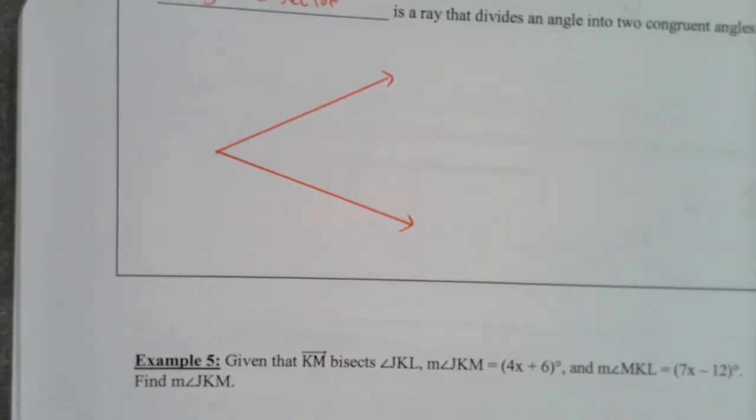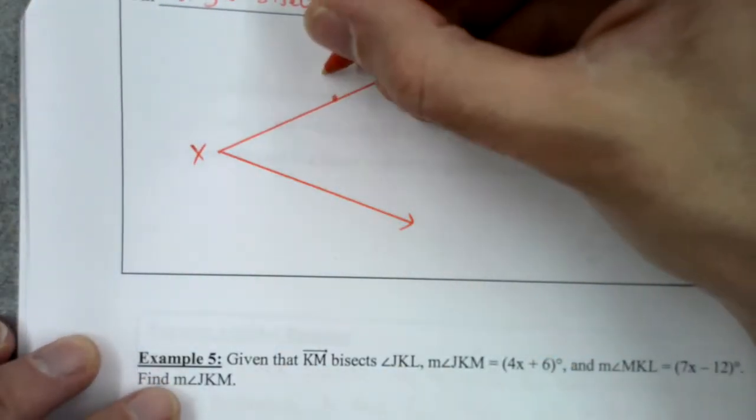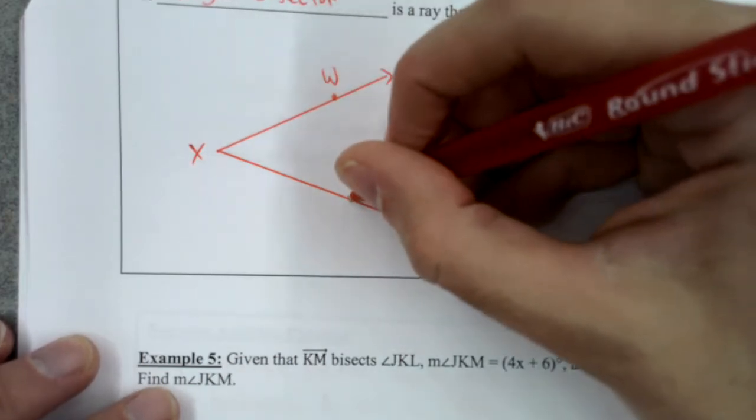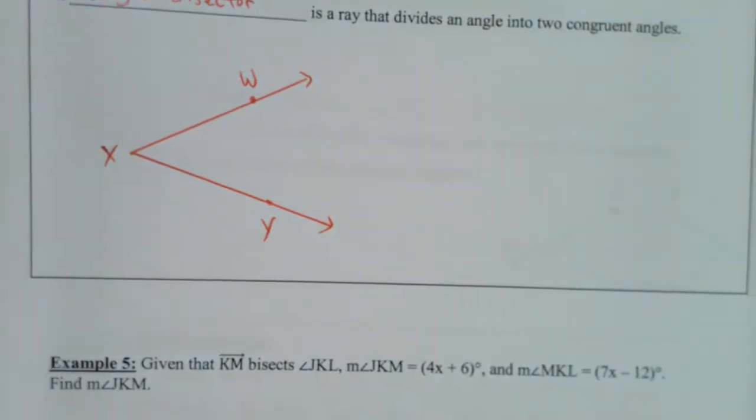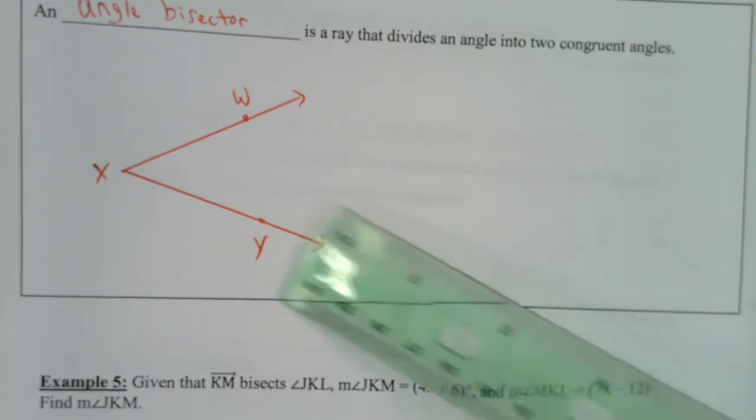So that's my angle. Let's label this X. Let's label this W. And let's label this Y. So that's angle YXW. And I'm going to bisect that angle. I'm going to cut it in half into two congruent angles like this.